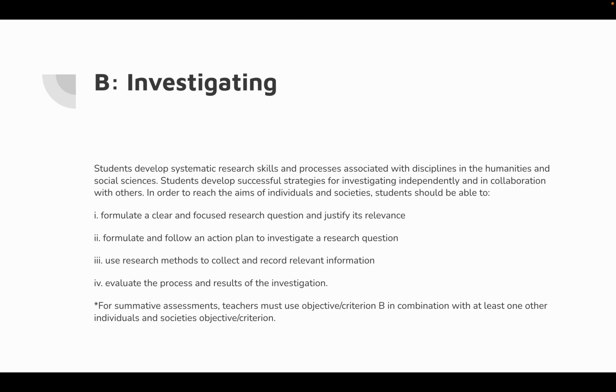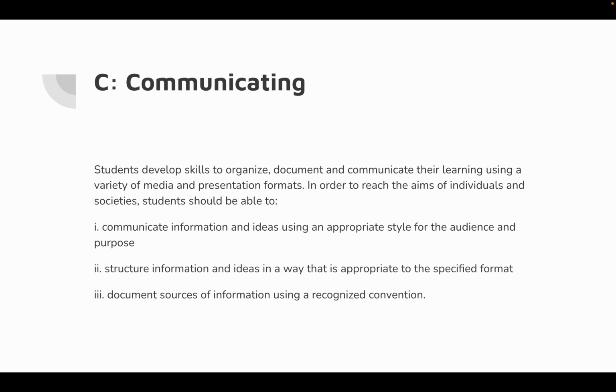So for B, investigating, the first one is formulate a clear and focused research question and justify its relevance. So this one would be from MYP 5, whereas in MYP 1, they just need to look into a research question. They don't need to create their own research question.